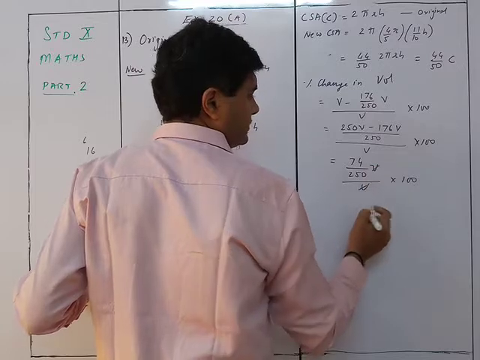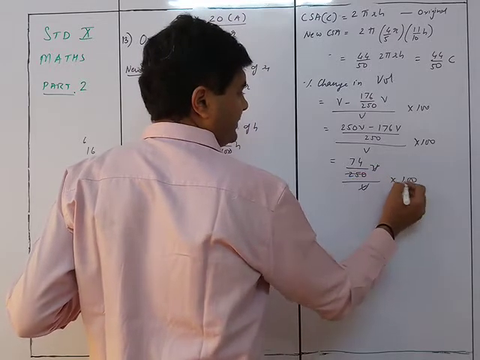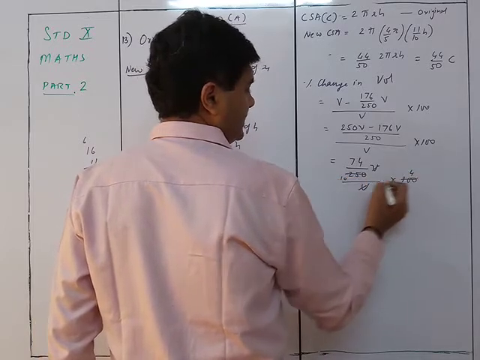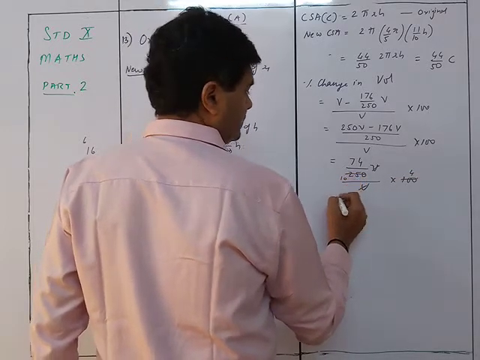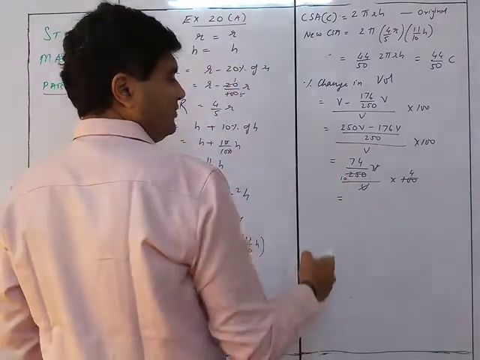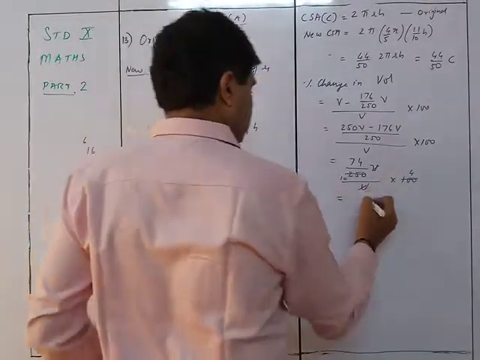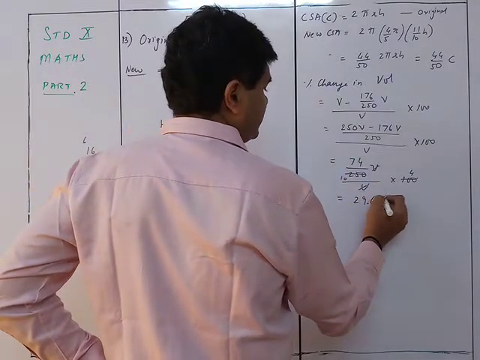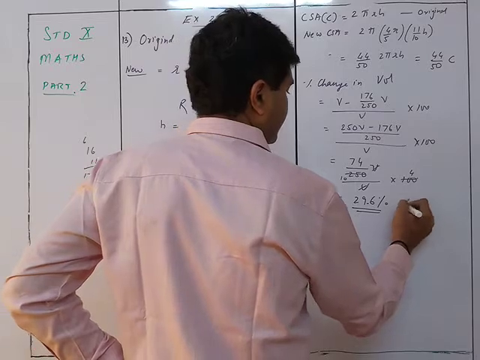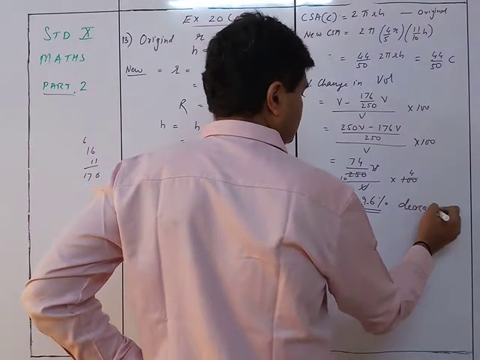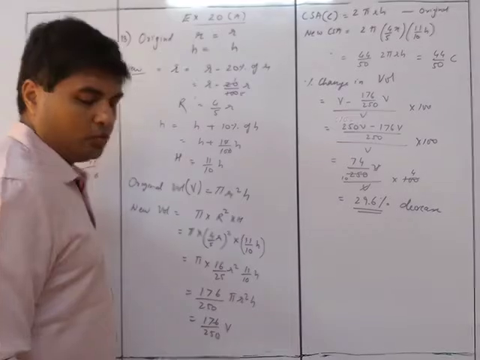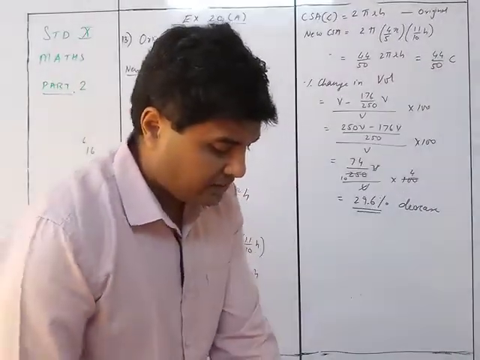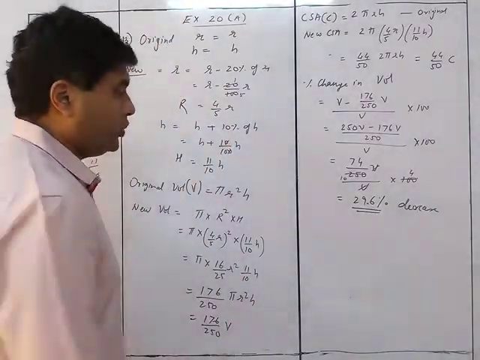So 74 into 4 over 10, which is 29.6. So the percentage change in volume is a 29.6% decrease.